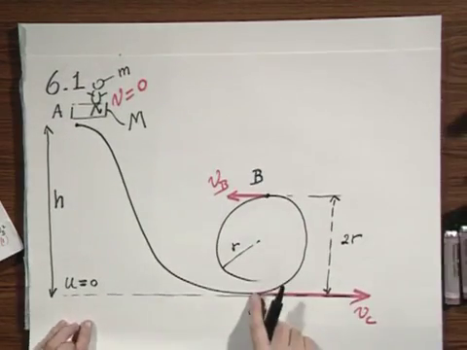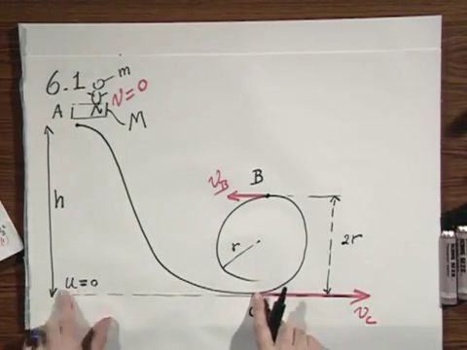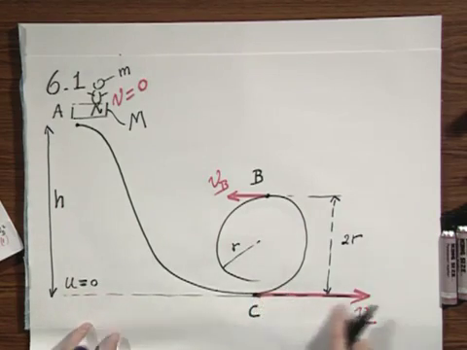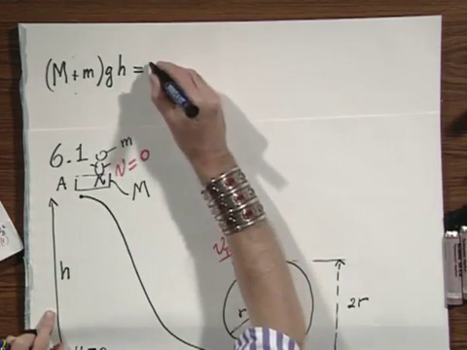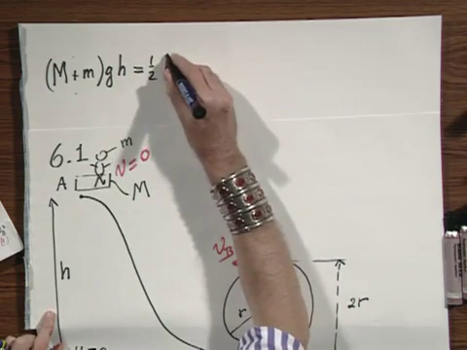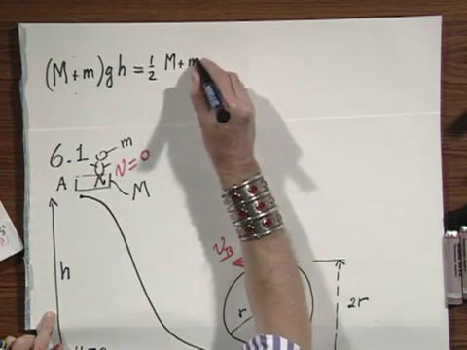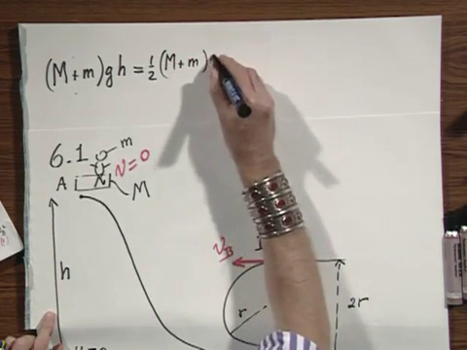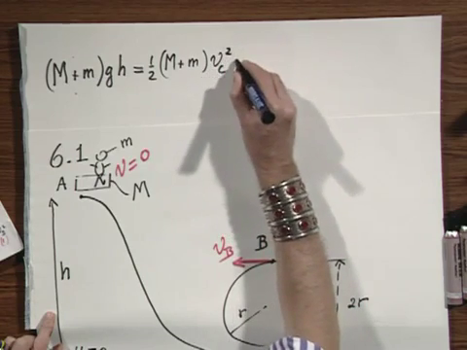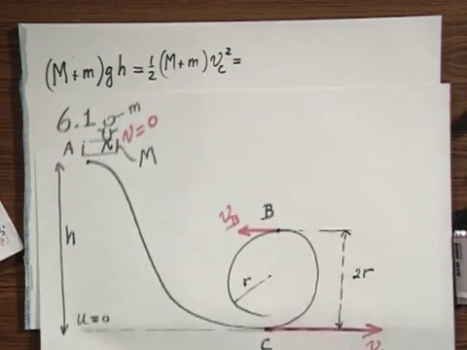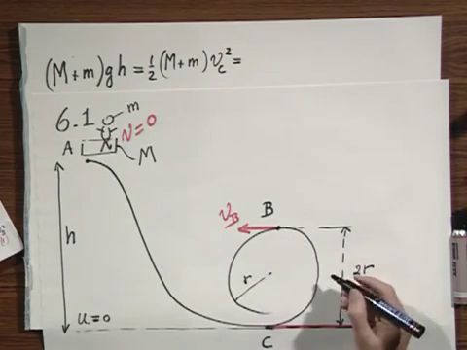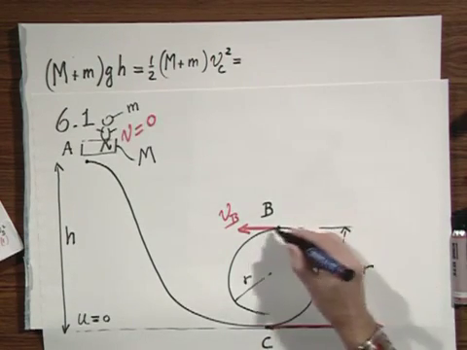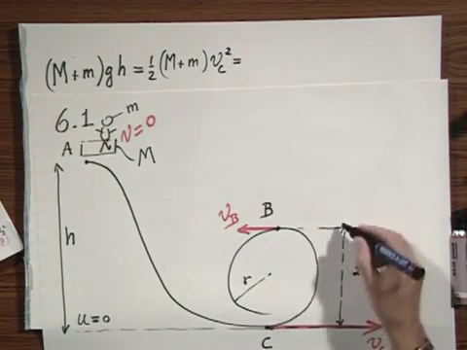Then we arrive at C, where there is no gravitational potential energy, because I've set this 0, so we only have kinetic energy, which is 1/2 (M plus little m) times v at location C squared. And now we arrive at point B. So we have again picked up gravitational potential energy over this height.